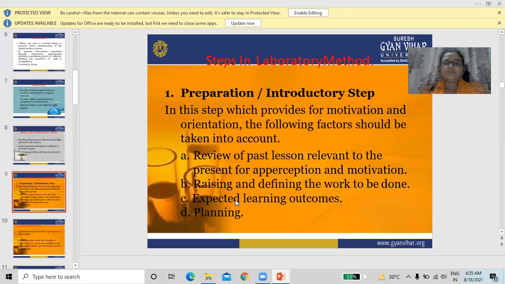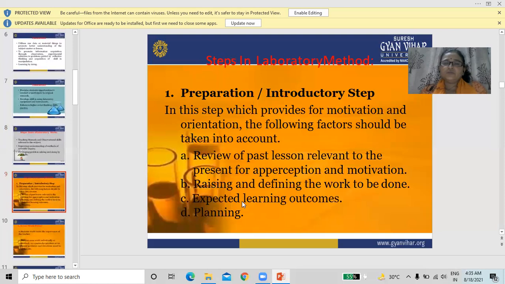In this step, which provides for motivation and orientation, the following facts should be taken into account.